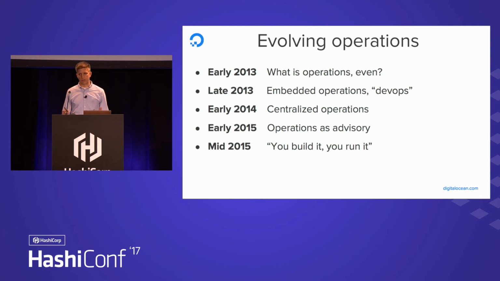And the centralized operations function would let go of that responsibility, instead focusing on building those primitives that were used across all of our software, and then acting more in an advisory role where they would help the teams figure out, okay, how should I actually be operating this software? And that was pretty successful.